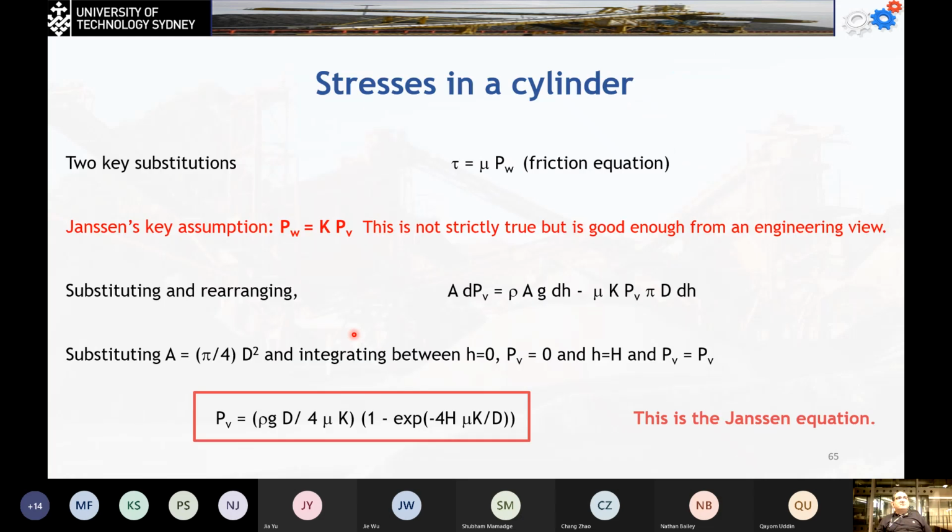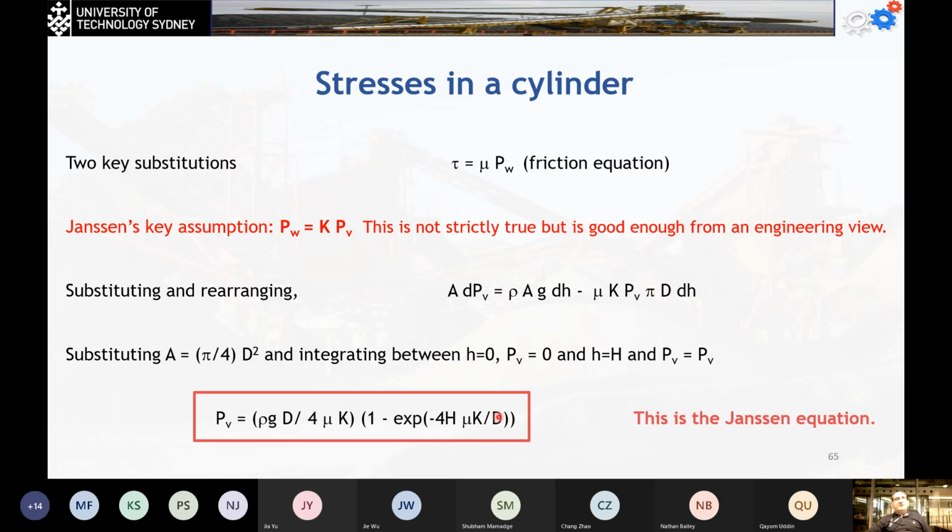So considering that, we are going to have two key substitutions in the equation: the shear stress is going to be equal to mu, the friction coefficient, multiplied by the pressure on the walls. And the key assumption taken by Jensen was that the pressure on the walls is equal to the constant K multiplied by the pressure due to the volume.